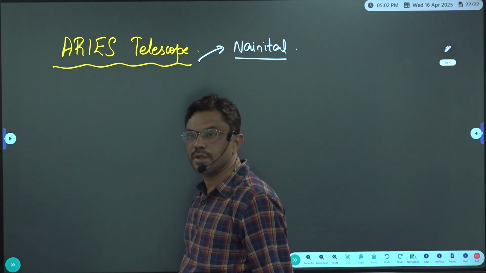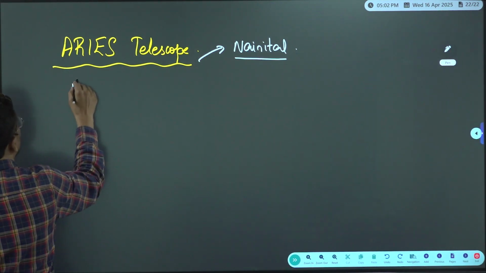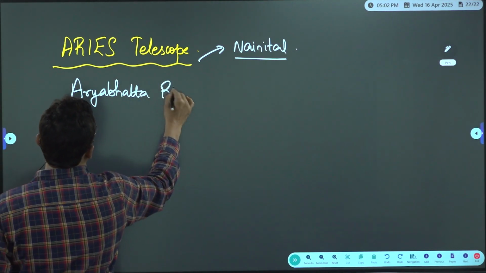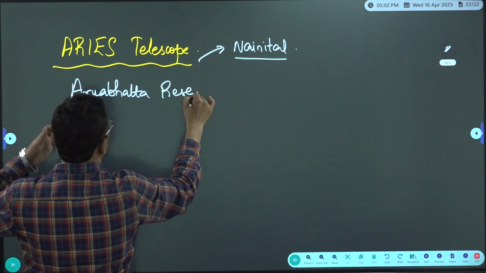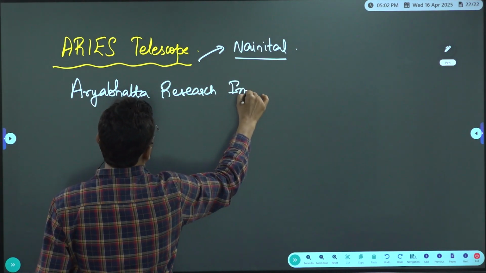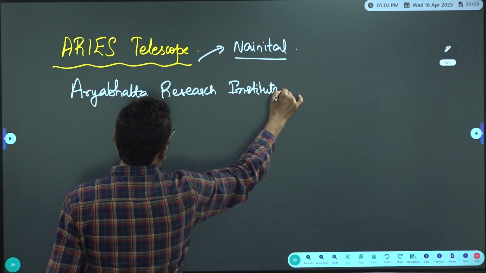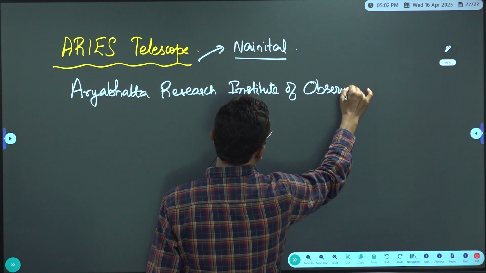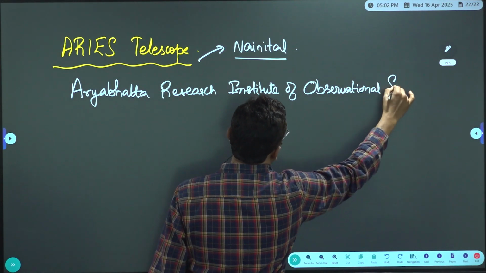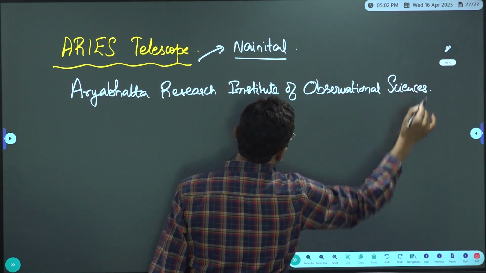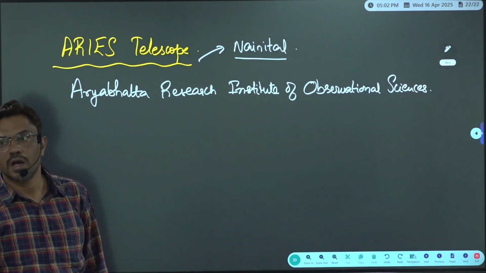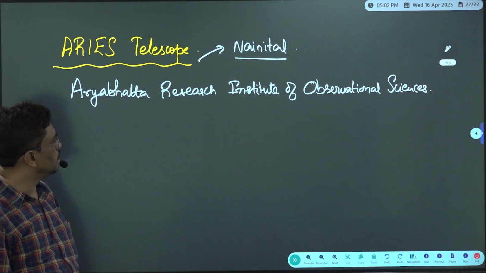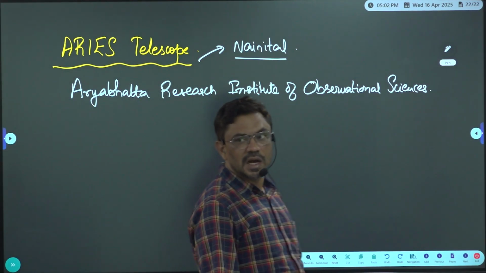ARIES stands for Aryabhatta Research Institute of Observational Sciences. It was kept at Nainital, Uttarakhand.